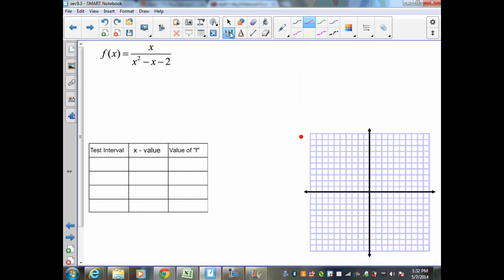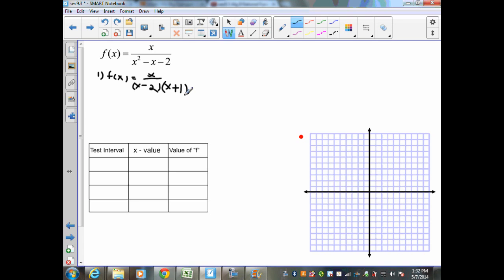In our next example, I have the function x over x squared minus x minus 2. To begin with, I need to simplify. So I have step 1, f of x equal to x over, when I factor, x minus 2 times x plus 1.